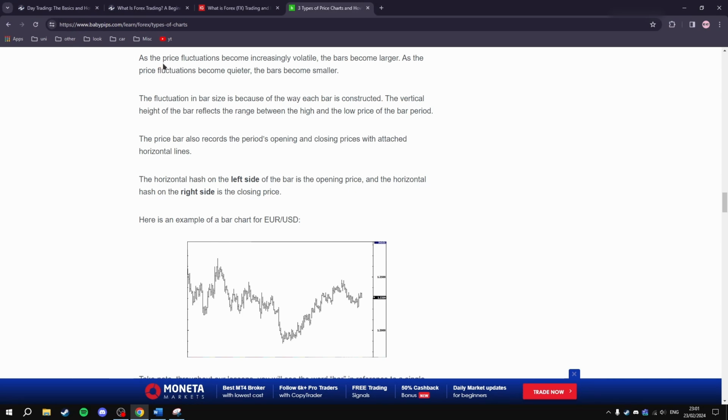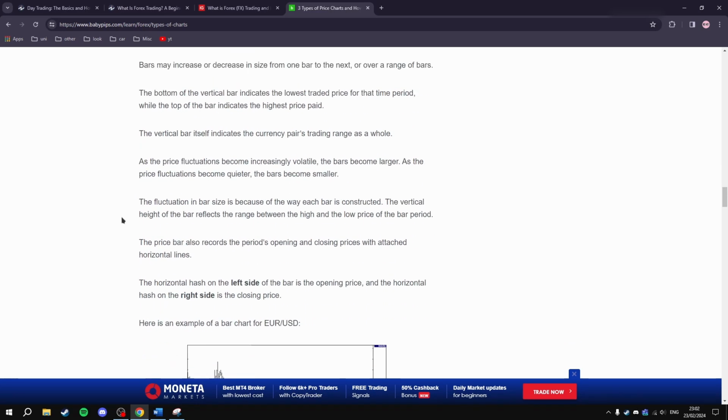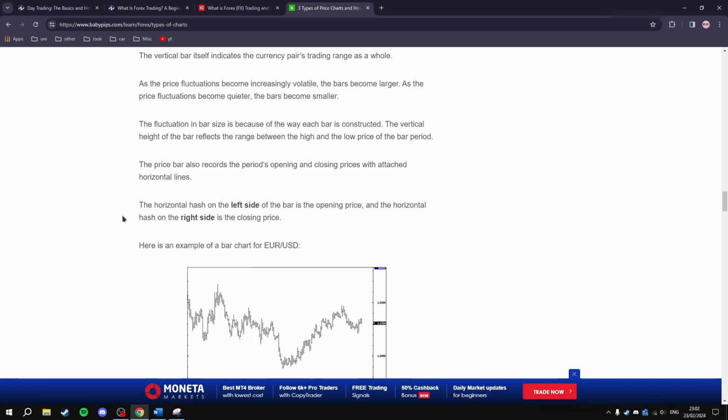The fluctuations in bar size are because of the way each bar is constructed. The vertical height of the bar reflects the range between the high and the low price of the bar period. The price bar also records the period's opening and closing prices with attached horizontal lines.